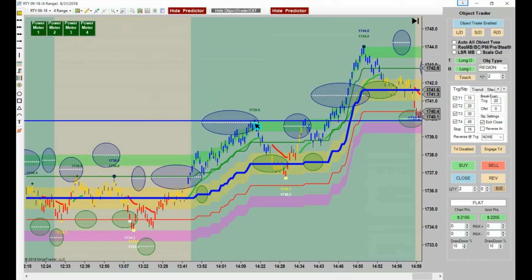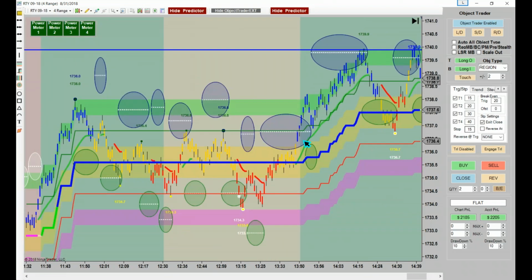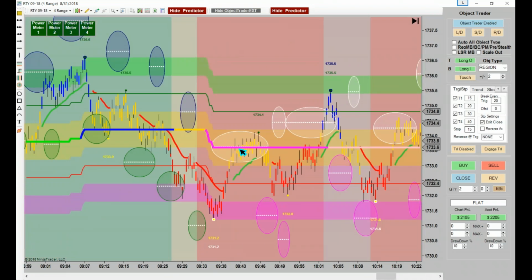Okay? Original stop, I don't really use 15 ticks as much. Now, keep in mind, on that particular trade that was at 940, we may have ended up at 15, I don't know. Let's see, if we got in right here on this bar, did we feel 15 ticks? I don't think so.